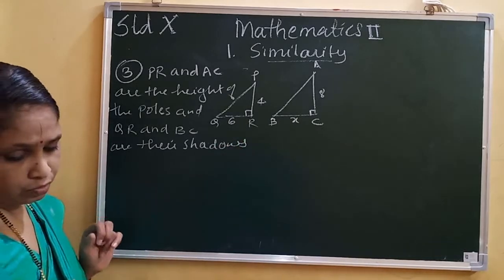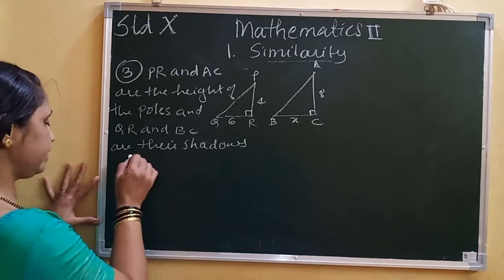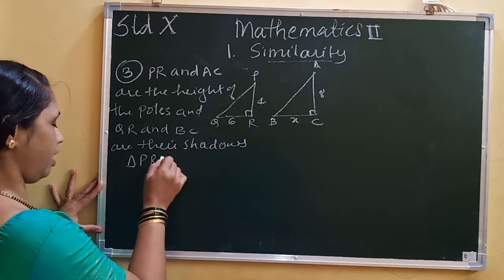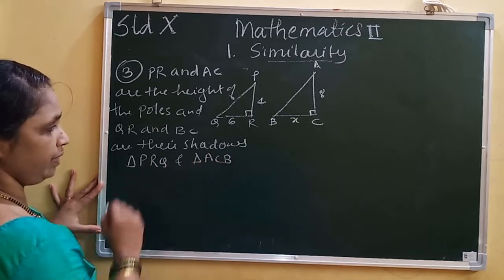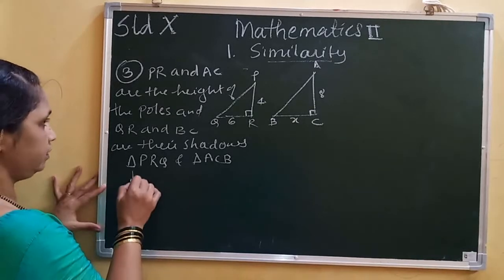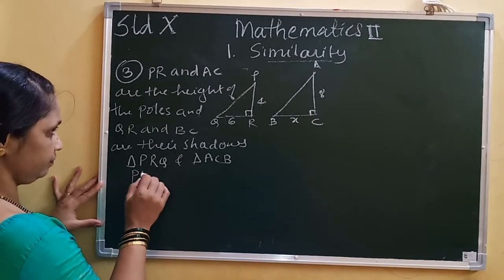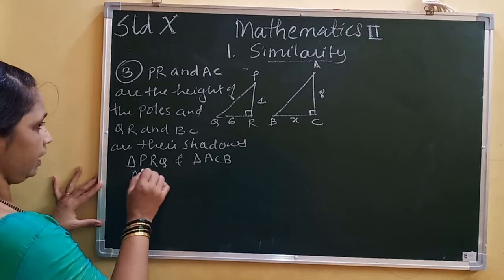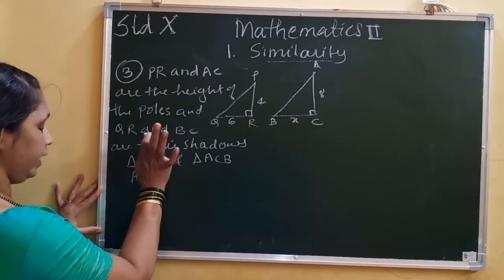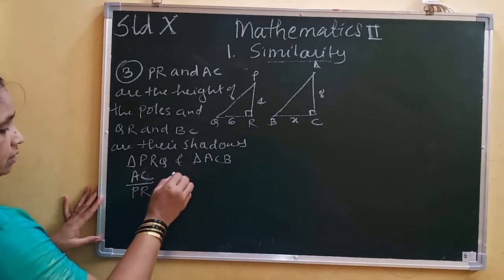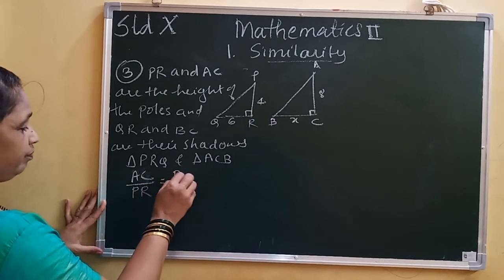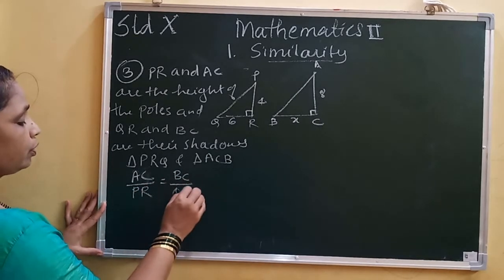Okay. Now in triangle PRQ and triangle ACB, we get AC upon PR is equal to BC upon QR.